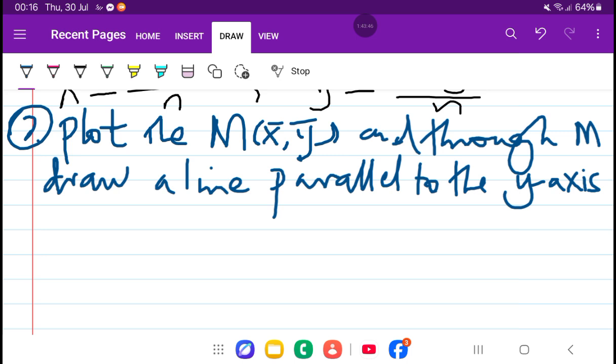Actually, this step is the one that differentiates when you are predicting y values from x values. Because if you are dealing with x from y, you draw a line parallel to the x-axis. You know parallel lines, these are lines that never meet. The reason why we are saying you draw a line parallel to the y-axis is because the y-axis is the vertical axis.